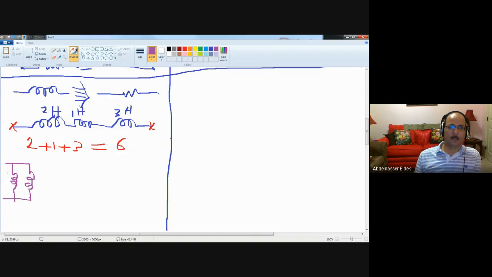Assume that this is 3 and this one is 5. What is the total here? The total is the multiplication over the summation. So it will be 3 times 5 over 3 plus 5, which is 15 divided by 8.